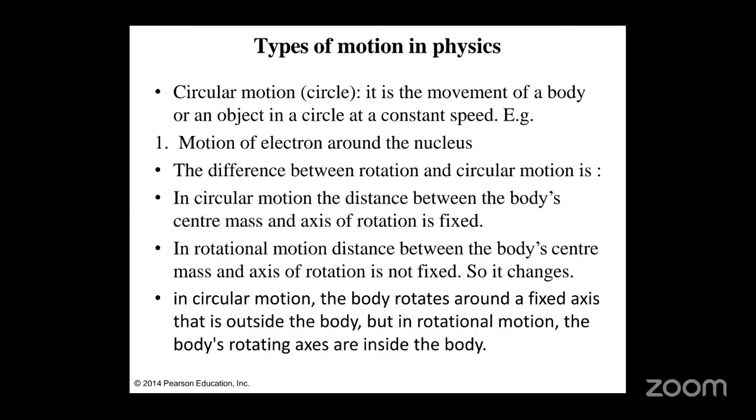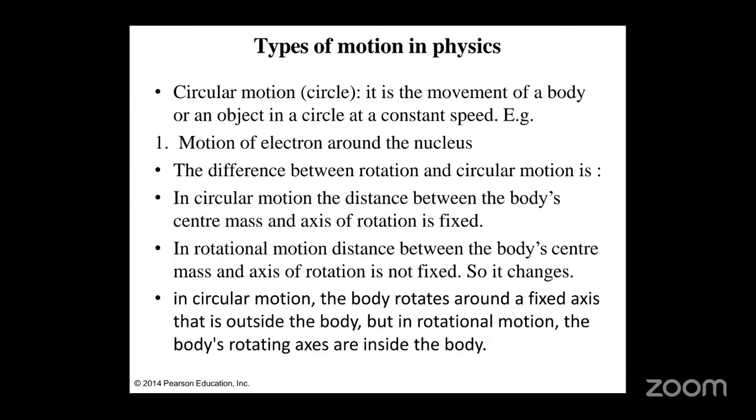Rather, it is moving at a constant speed. That is one basic difference between a circular motion and a rotational motion. An example of a circular motion is the motion of electrons around the nucleus of an atom.